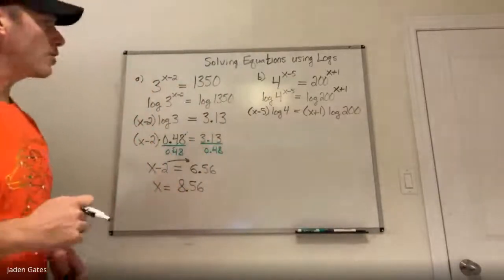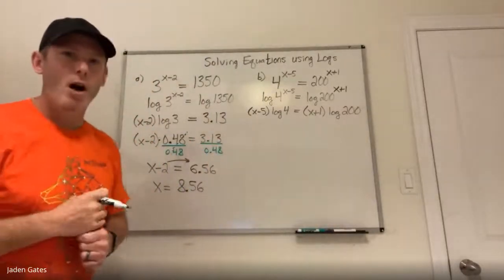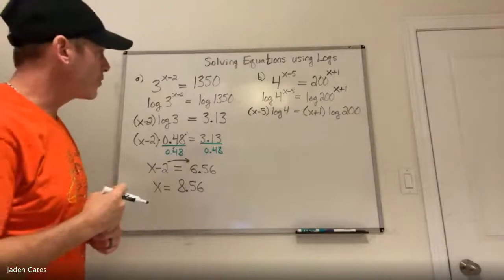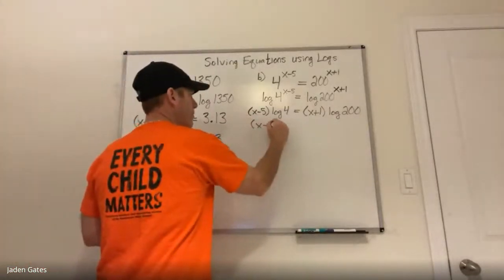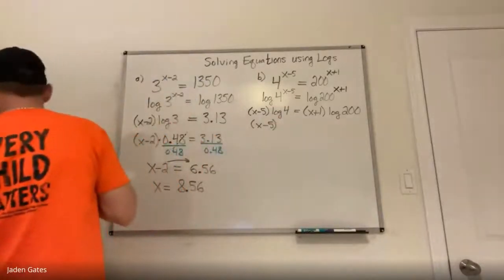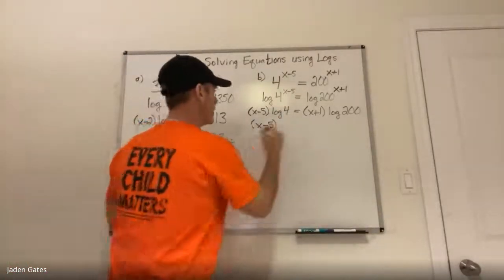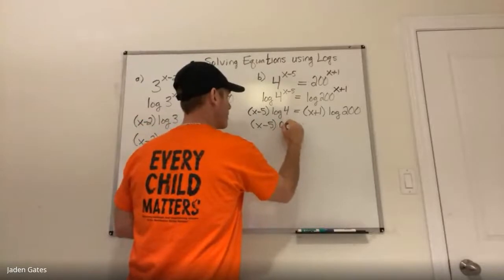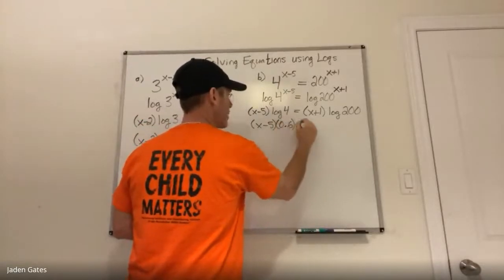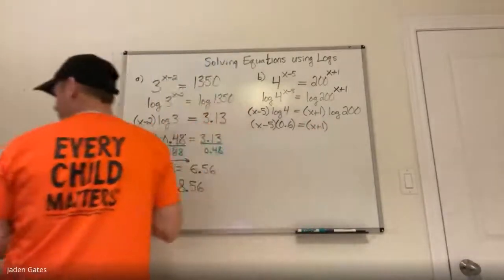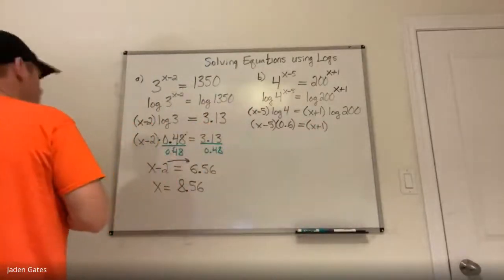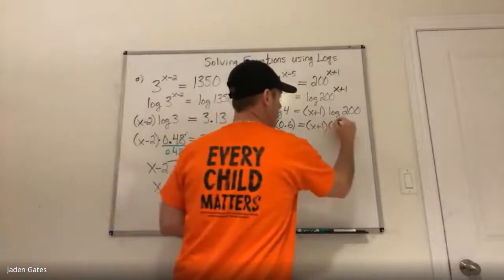The log of 4 and the log of 200 are both numbers, so I can figure those out. The log of 4, we already had that one. It's 0.6. Just put that in brackets. Then I've got the x plus 1 times the log of 200, which is 2.3.